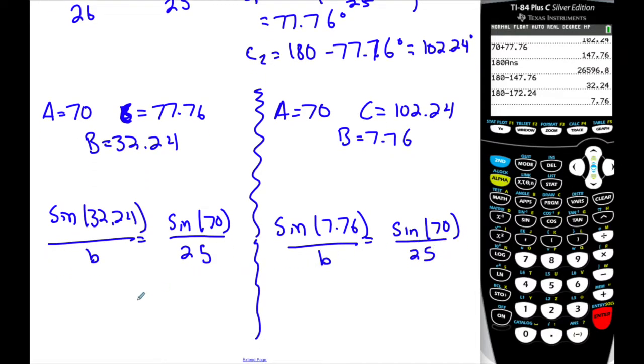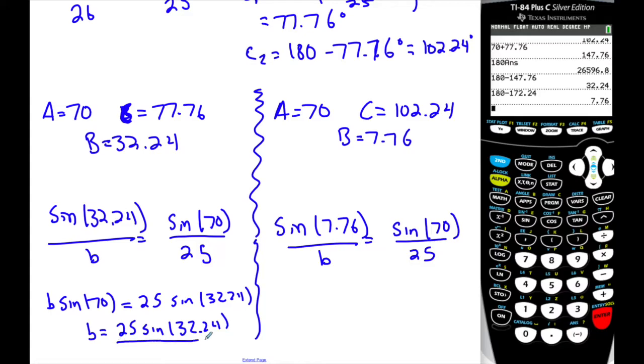Okay? So now to solve for b, what I'd end up getting is b sine of 70 equals 25 sine of 32.24. So b equals 25 sine of 32.24 over sine of 70.